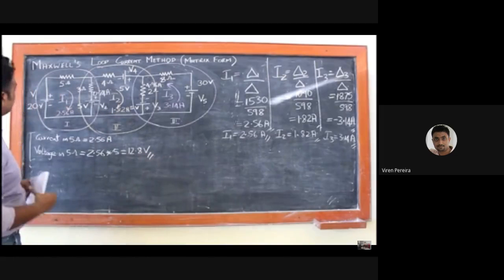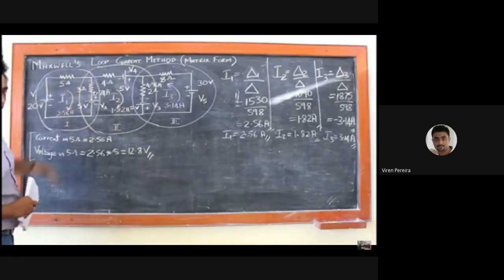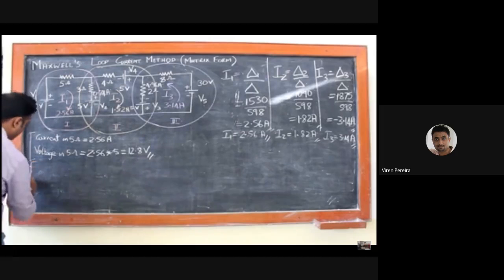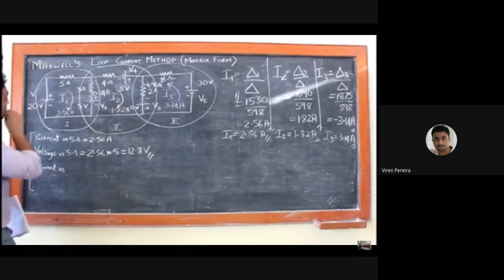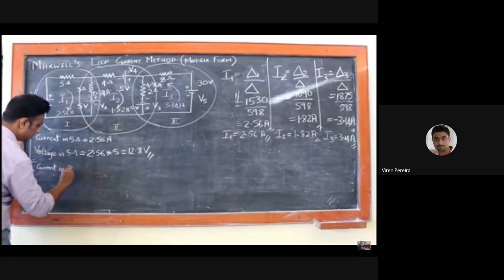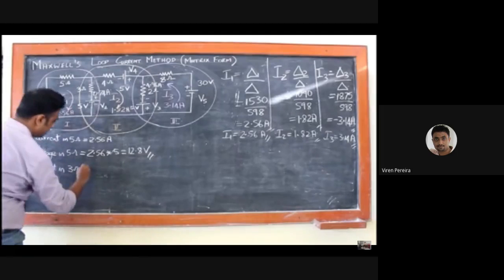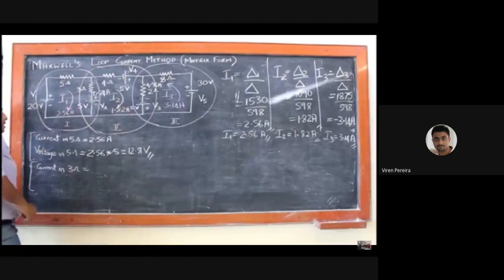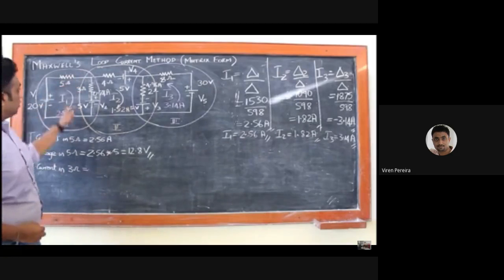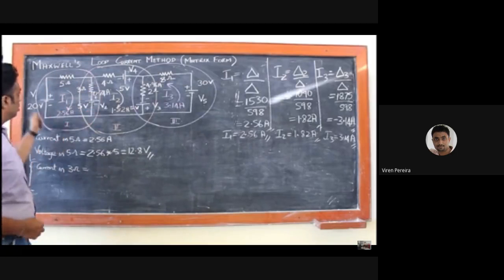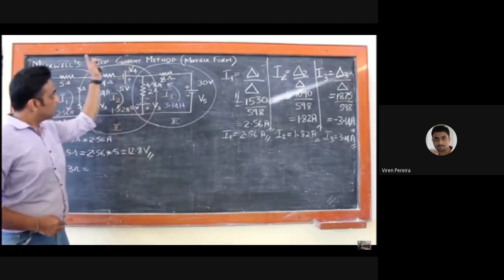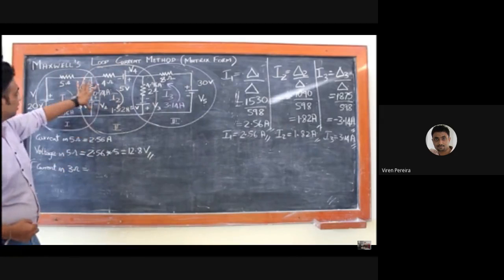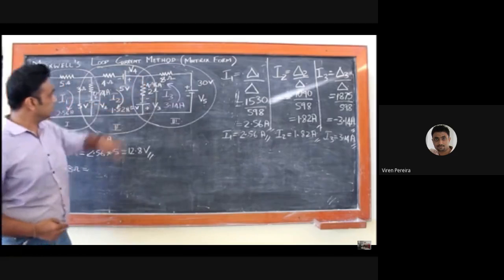Now in the same way how we found out for 5 ohms, we have to find out for 3 ohms. Now the current in the 3 ohms resistor will be equal to, now here in the 3 ohms resistor, if you see all loops which are drawn, there are 2 junctions which are available. This is the first junction and this is the second junction.